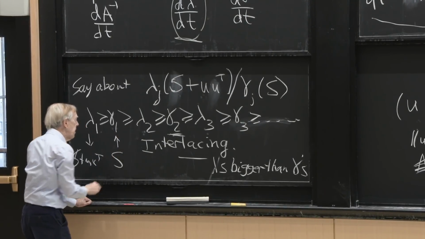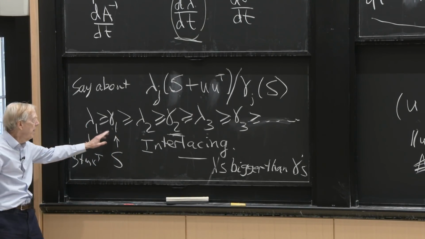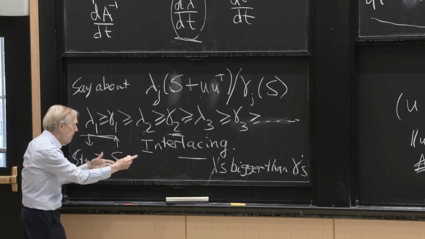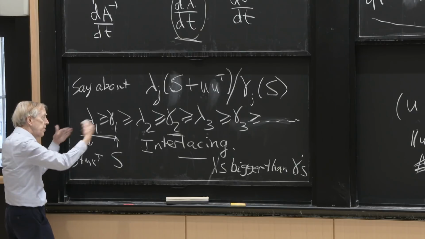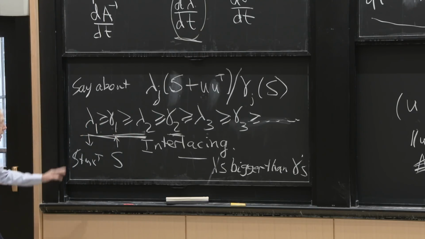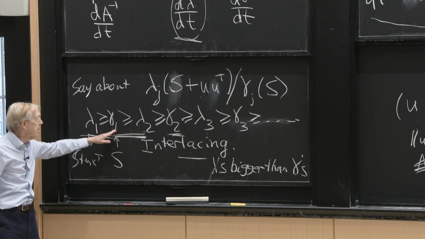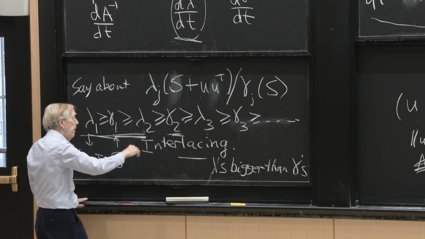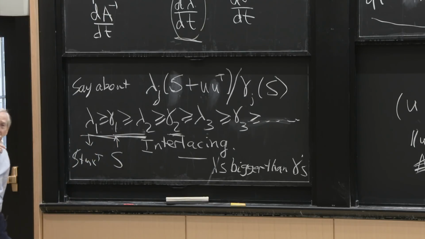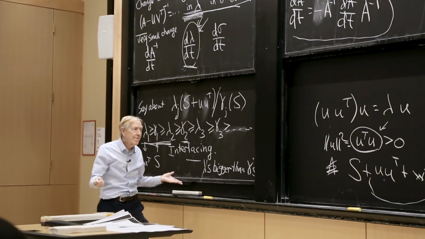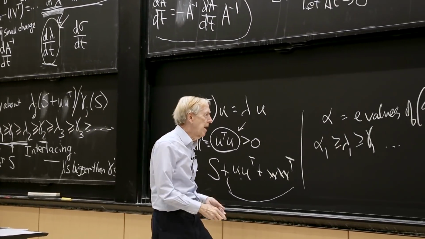Gamma 1 was bigger than lambda 2. That was the point here. So this was sort of easy because I'm adding stuff. I expected the lambdas to go up. This is where the theorem is, that it didn't go up so far as to pass gamma 1. Lambda 2 didn't pass up gamma 1. And now, let me write those words down.